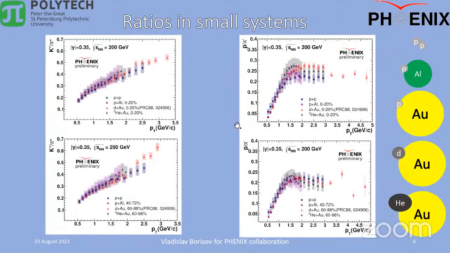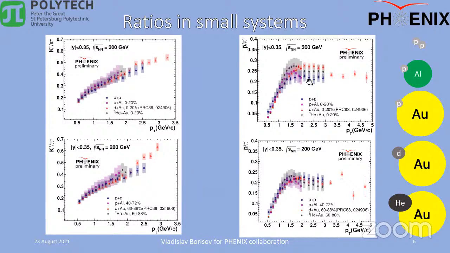On the slide, you can see a comparison of ratios measured in small systems, including proton-proton collisions. Ratios in all small systems are close to each other. But the proton to pi ratio in deuteron-gold and helium-3+Au collisions shows a hint of centrality dependence.